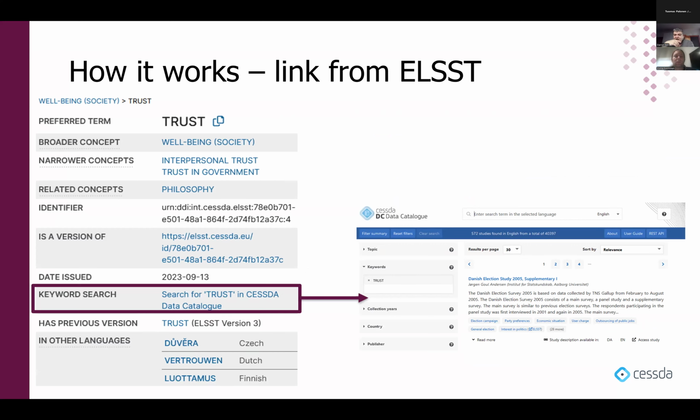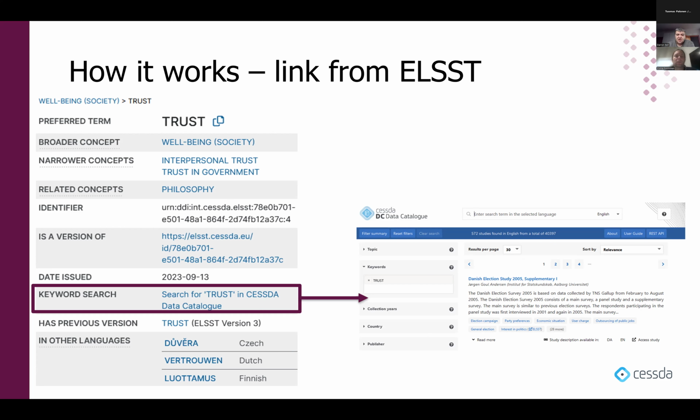So you can see here that the keyword trust in the CESSDA data catalog is linked to Elst. Equally, within Elst, there's something called keyword search. And these are assembled when we prepare the RDF. And I think we use DCAT catalog record as the property to do this.